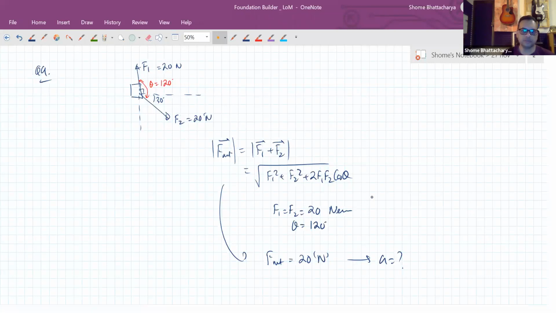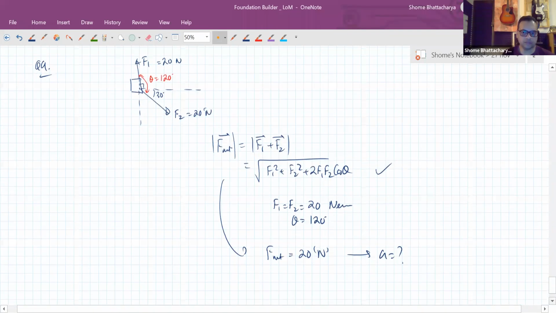Is this clear, Hitanshu? Okay, good. So you only have to calculate the net force, using the triangle law. Let's come to the 10th question.